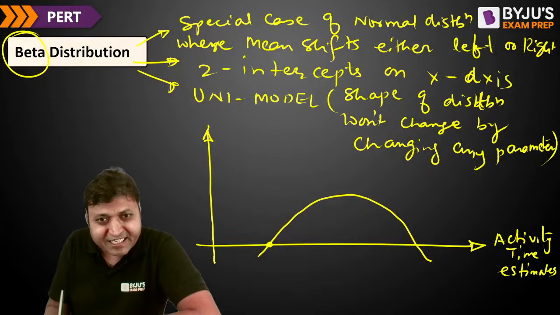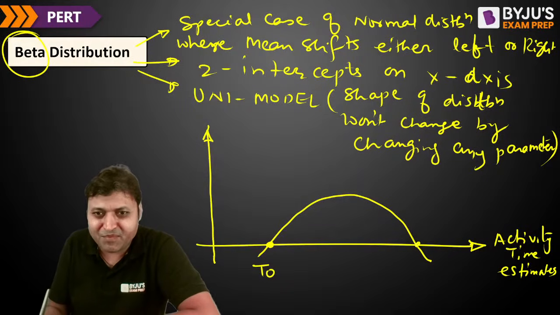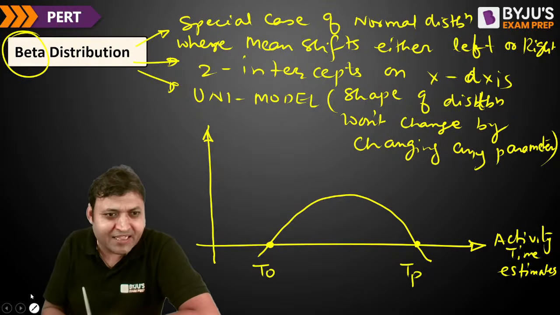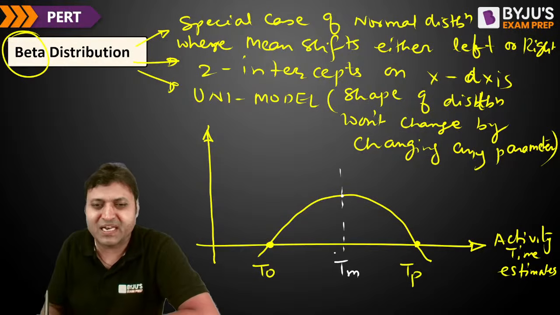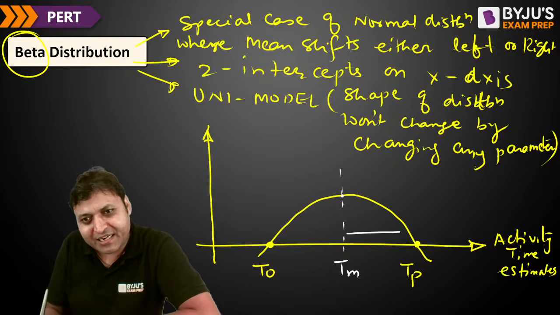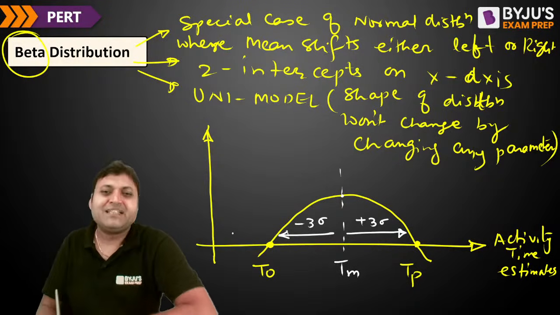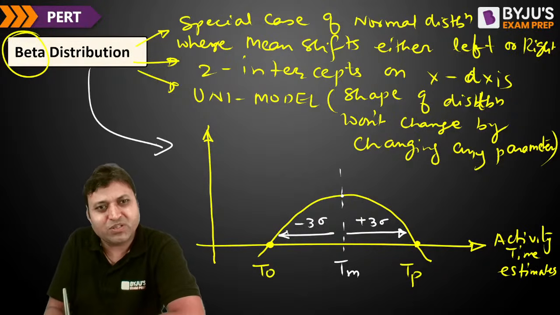The first intercept is TO, that is optimistic time. The second intercept is pessimistic time. And the mean is TM, that is the most likely time. So this distance is plus 3 sigma, and this distance is minus 3 sigma. That is how the beta distribution looks.